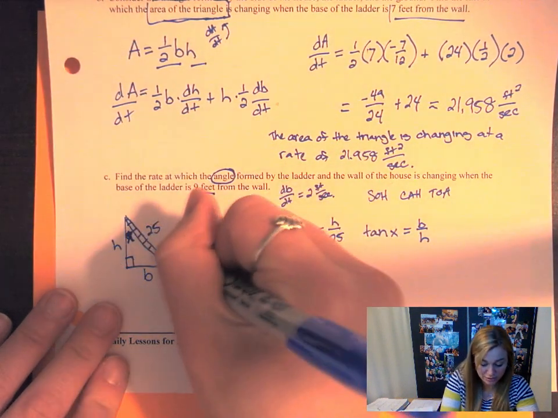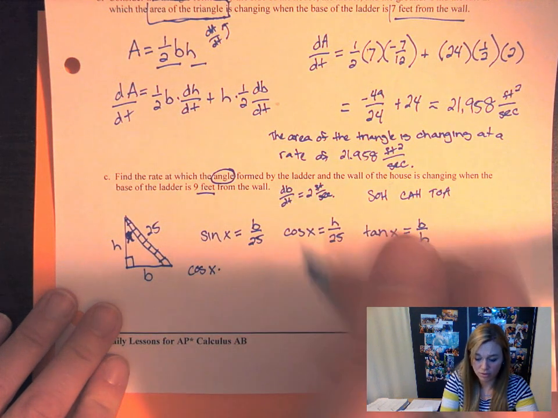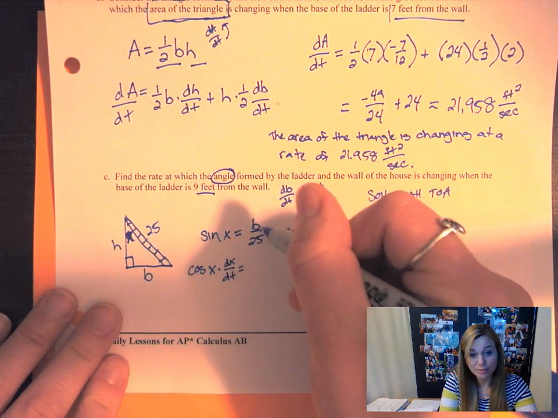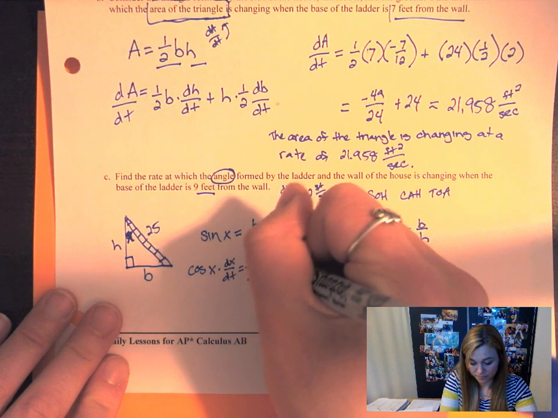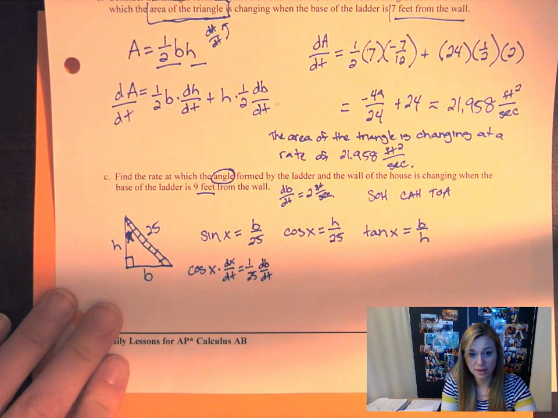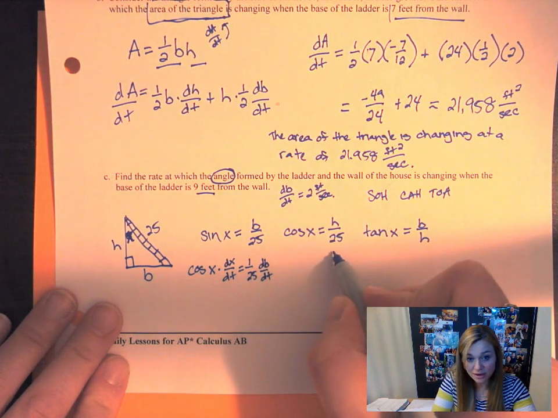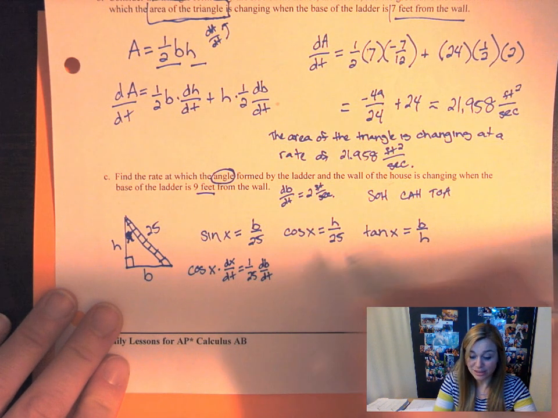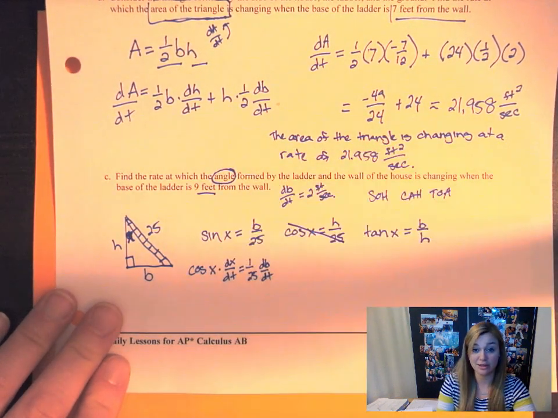So if I did the derivative, this would be cosine of x times dx/dt is equal to, instead of b over 25, think about this as 1/25 b. So I could do this, and it has a dB/dt in it. If I try to do this one, I would get negative sine of x dx/dt, 1/25 h dh/dt. And so I'd have to go through all that work we did from part A and find h. So I don't want to do that here.